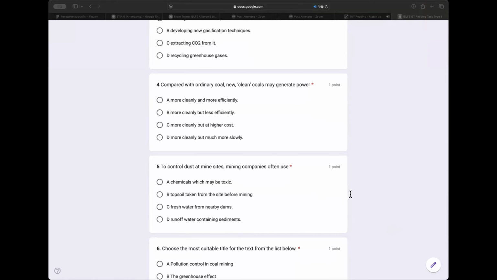And number 4 could be new clean coals may generate power more than ordinary coal. Coal, not cola.